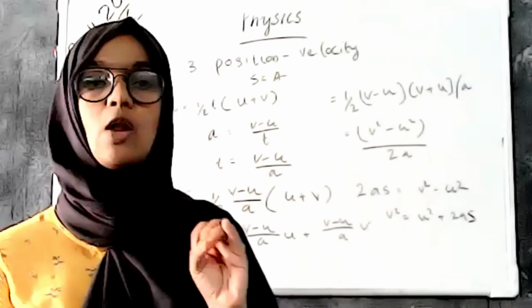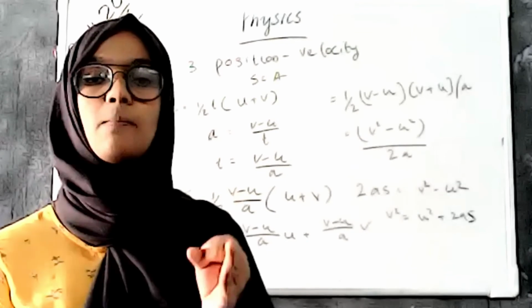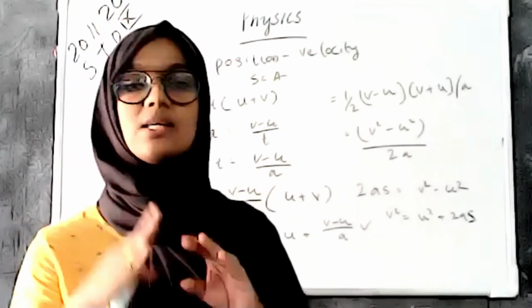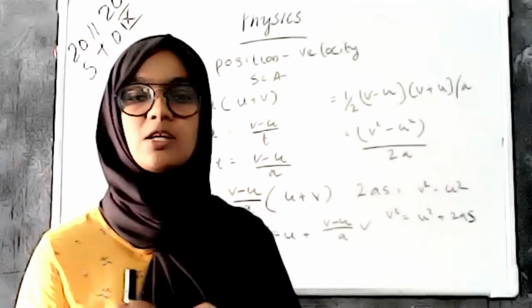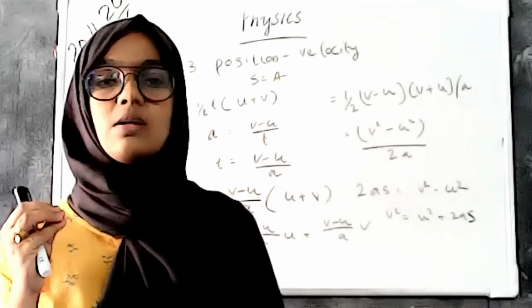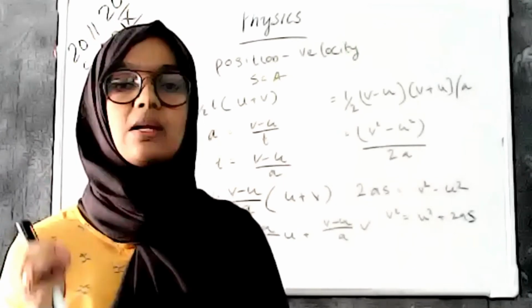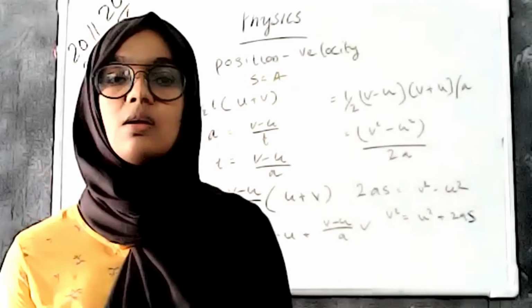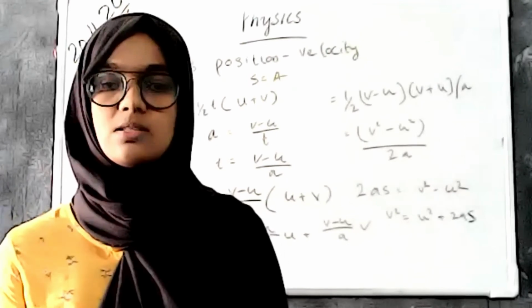The first one shows the velocity-time relation, the second shows the position-time relation, and the third relates the first two, that is, position and velocity. So there are some simple changes made in the first, common derivation, and we find the second and third relations.